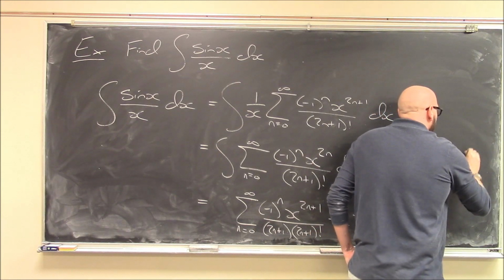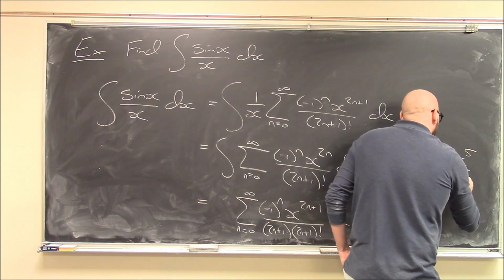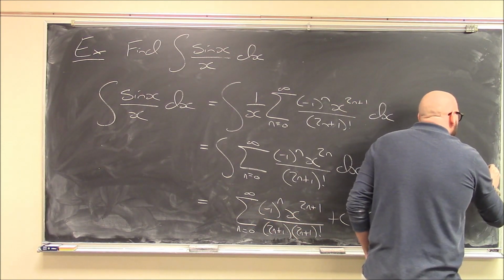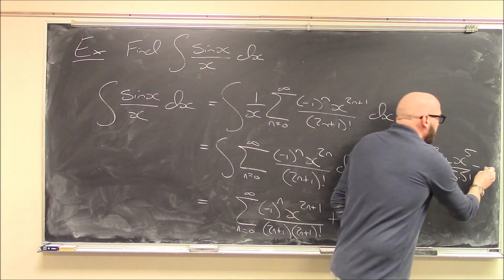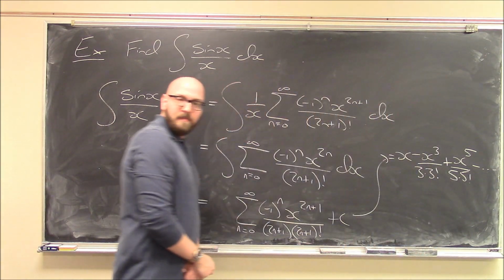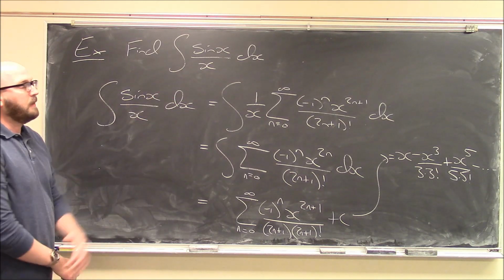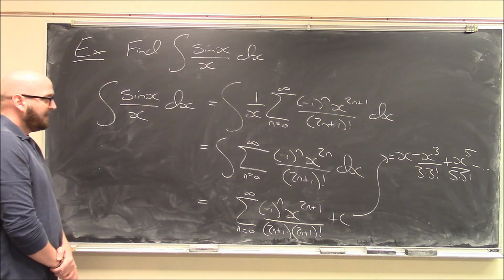Plus x to the 5th over 5 times 5 factorial, for n equals 2, minus x to the 7 over 7 times 7 factorial. But there's the antiderivative for this function sine of x over x.